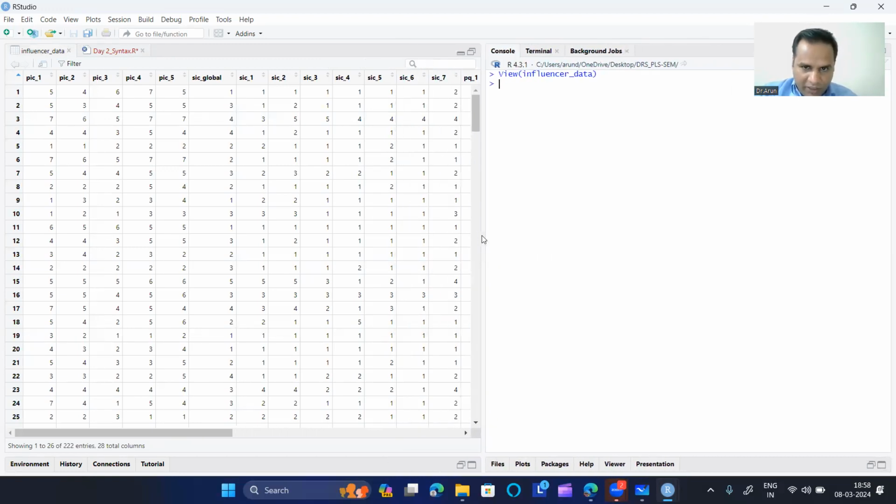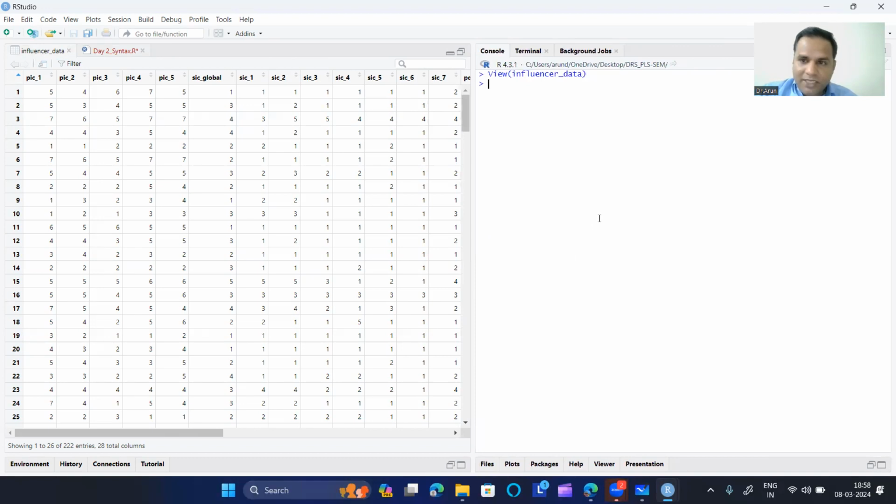Hope the screen is visible. Yes, okay. So now you see this SIC, it is measured using 7 items. So SIC 1, 2, 3, 4, 5, 6, 7. Now, apart from these 7 items, there is one more item which is known as SIC underscore global.